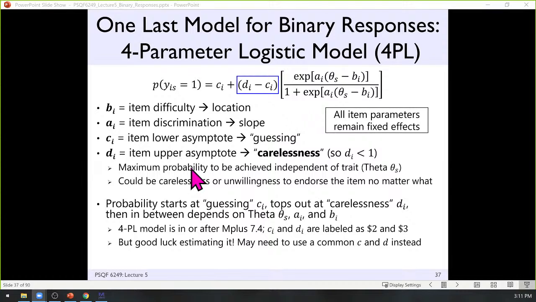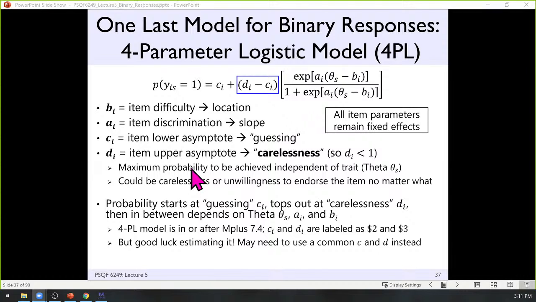I have not played with it too much because I don't have data to play with it, but this would be fun to play with since it's a less common model. So for those of you who have binary data, this might be something that you can play with if you have a large enough sample size, because you'd have to have enough super high people to nail down where the upper asymptote is, and you'd have to have enough low people to nail down where the lower asymptote is.